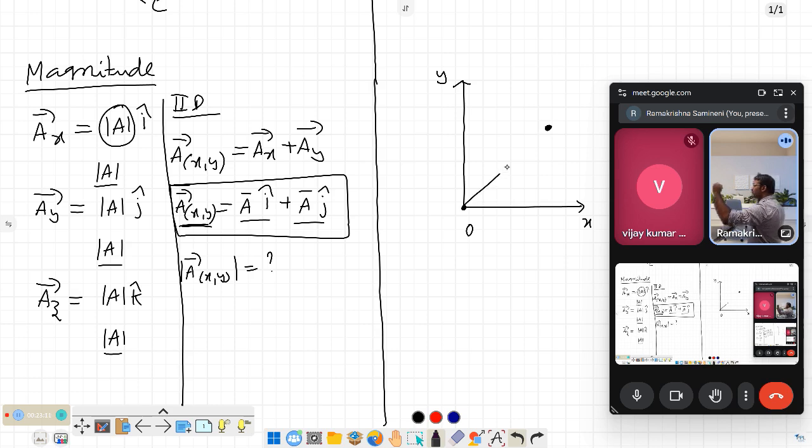That position I am indicating with the two-dimension vector A of x comma y. Now this A of x comma y, I have written as Ax plus Ay. Along this direction is called Ax, and along this direction is called Ay.